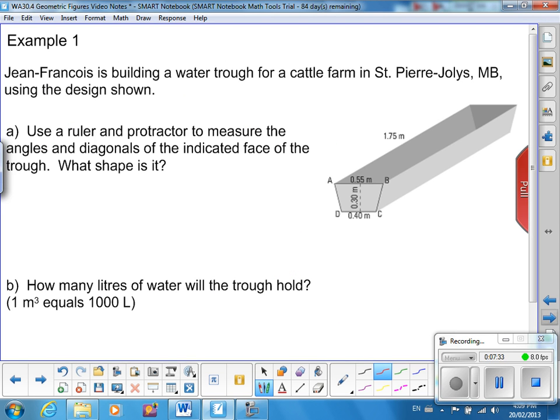Jean-Francois is building a water trough for cattle, and he is going to figure out what shape this is, and he then wants to figure out how much water this trough will hold.